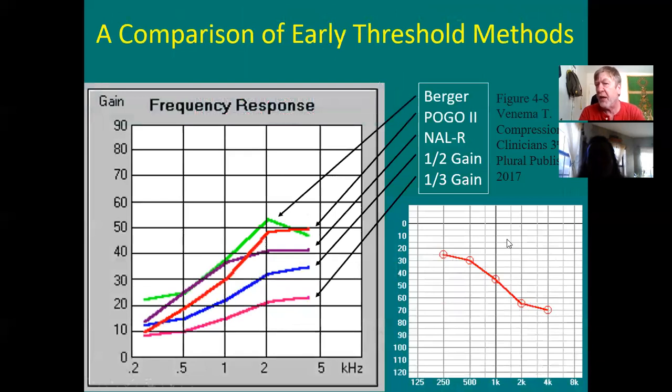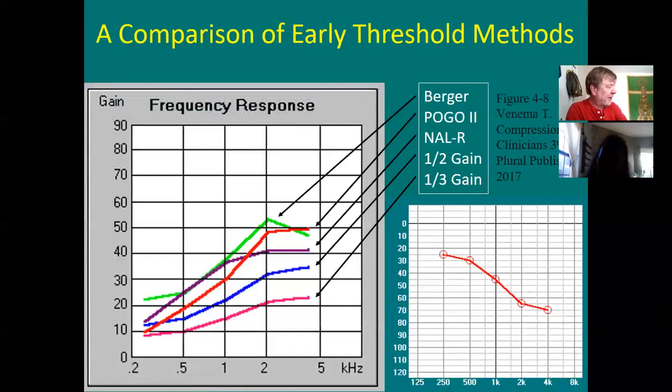This is a picture out of my little textbook. A comparison of early, again, here's a mild to moderate sloping loss. Here's the variation among the fitting methods, all based on the half-gain rule. So I am going to suggest for reading, read Compression for Clinicians, the third edition, not the ugly brown book.